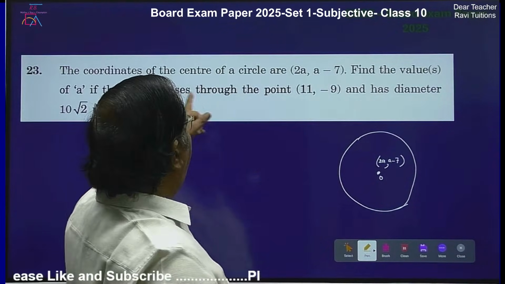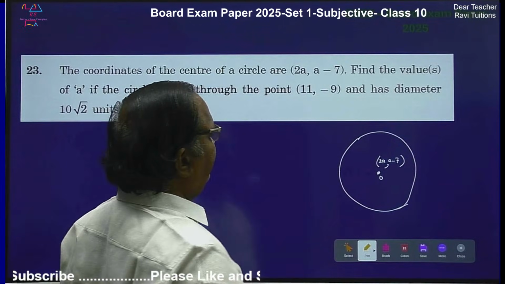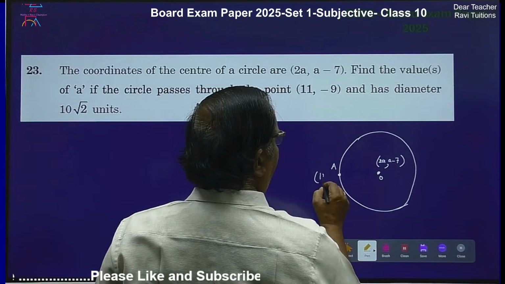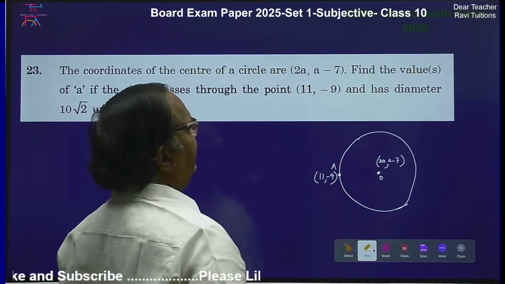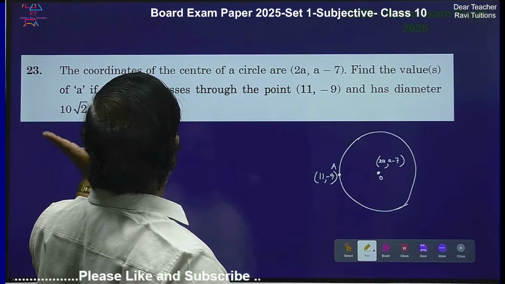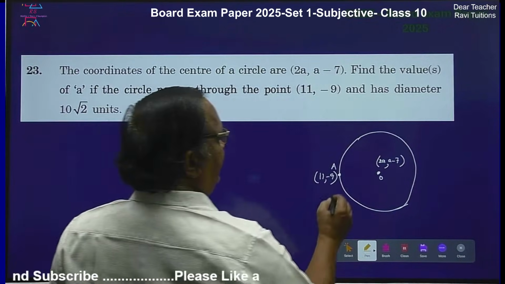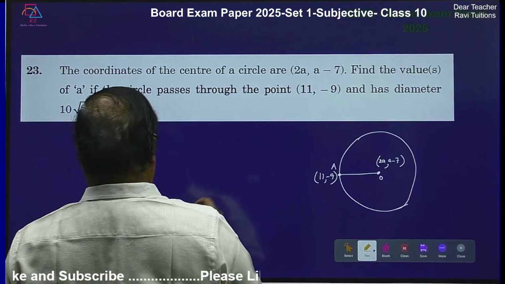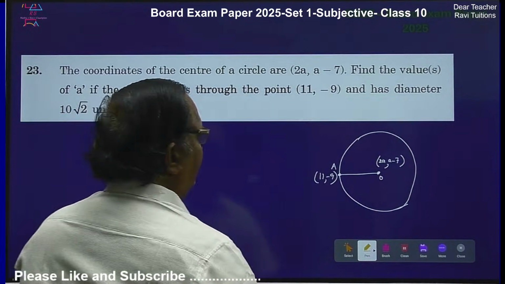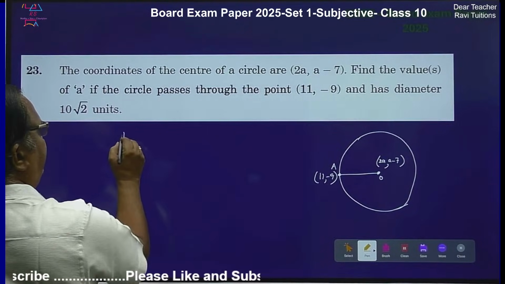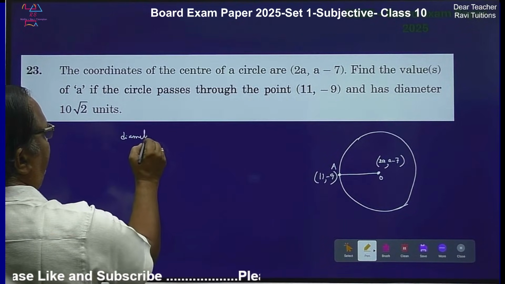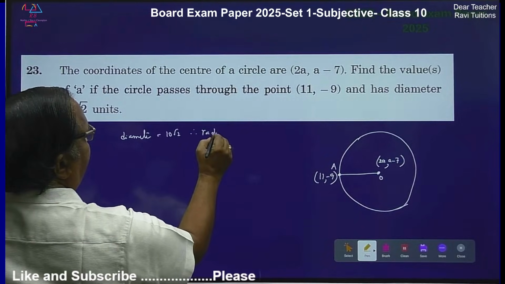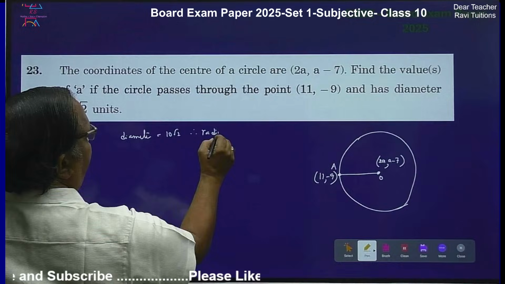The circle passes through 11, minus 9. Let us say this is A (11, minus 9), and it has a diameter of 10 root 2. So diameter is equal to 10 root 2. Therefore radius is equal to 5 root 2.